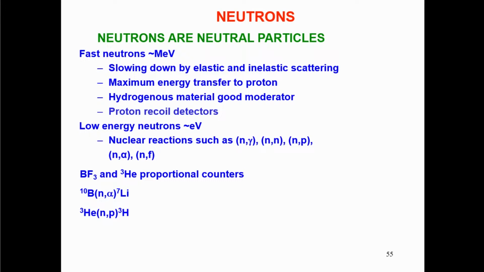Standard neutron detectors mostly use proportional counters made of BF3 or helium-3 gases, and they make use of this nuclear reaction to produce charged particles, which they ultimately detect. With this I conclude my presentation today, and thank you very much for your attention.